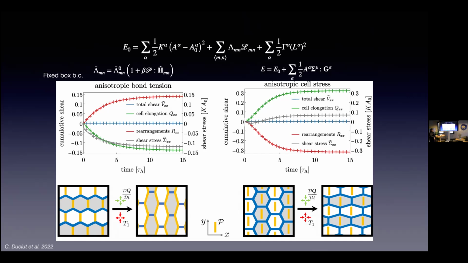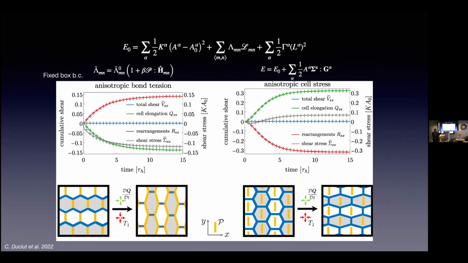At the same time, you get a counter response in the cell elongations. So the cells rearrange, kind of, up to down, but then they also elongate at the same time, in a countervailing direction. This is the fixed box boundary conditions. You have a periodic box and you can't change its dimensions, which means that of course you have to get some back reaction.